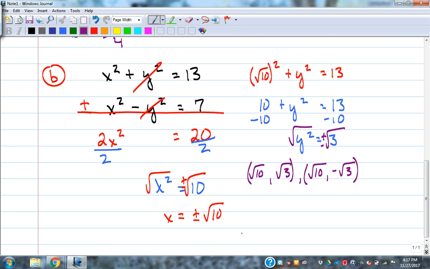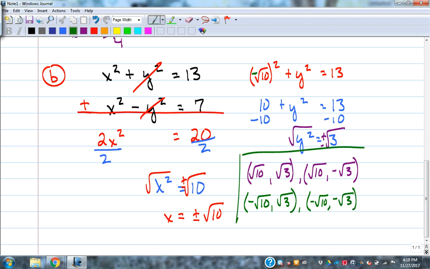If I plug in the negative square root of 10, so I can go back to the same place. When I square the negative square root of 10, it still turns into positive 10. So I get the same two answers for that, the negative square root of 10. I get positive square root of 3 and negative square root of 10 gets negative square root of 3 as well.